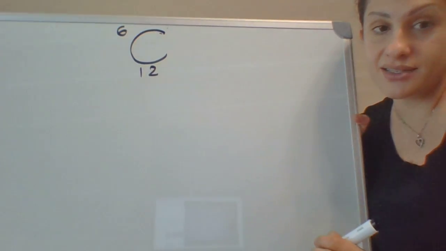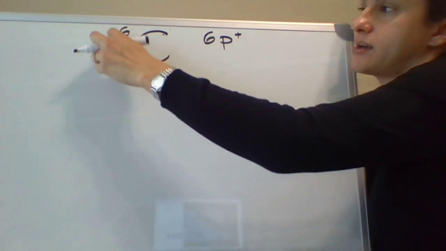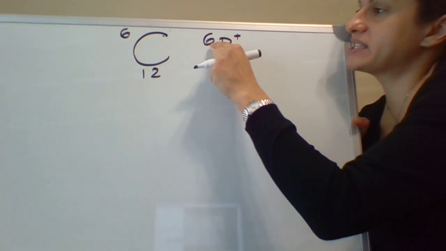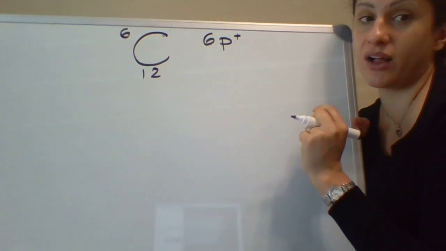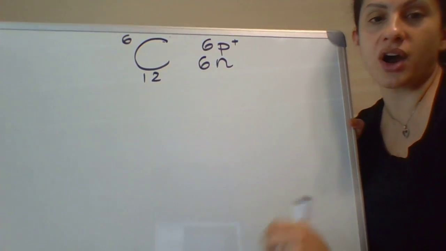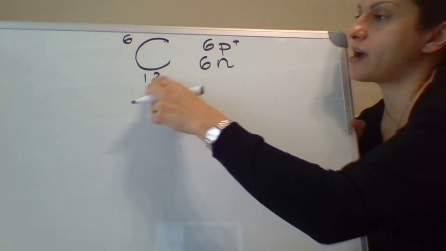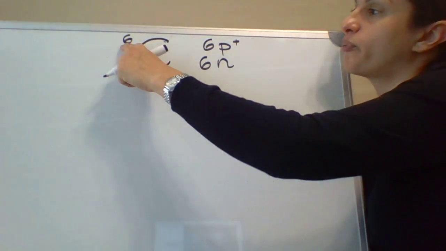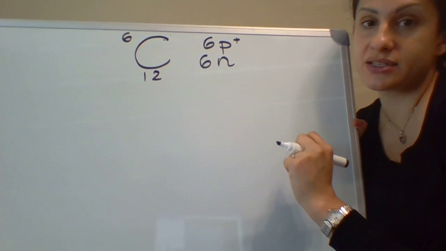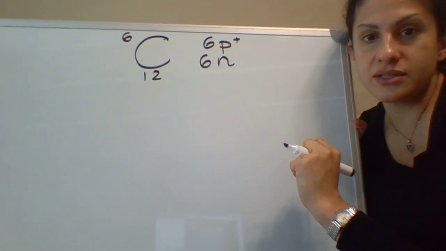That should tell us that we have 6 protons from the atomic number. And if we have 6 protons and a mass of 12, that should tell us that we have 6 neutrons. Try to remember the calculations that we did before, because atomic mass is equal to the number of protons plus the number of neutrons, which is why we have 6 protons and 6 neutrons.